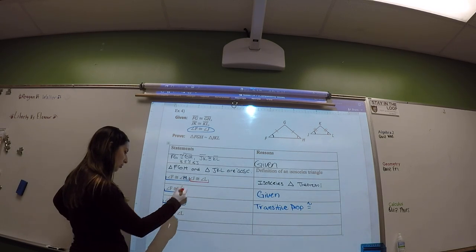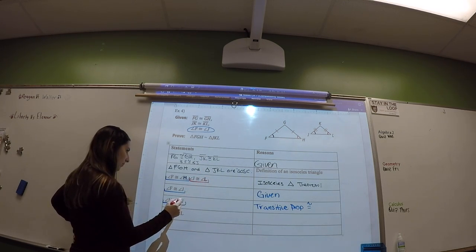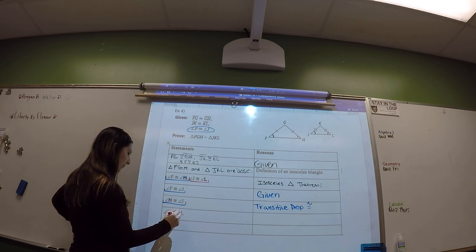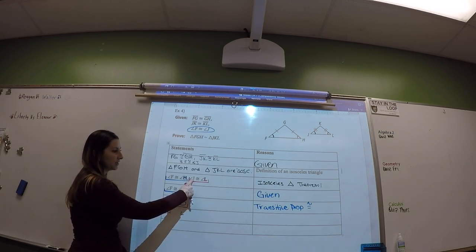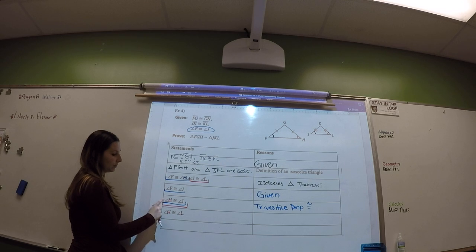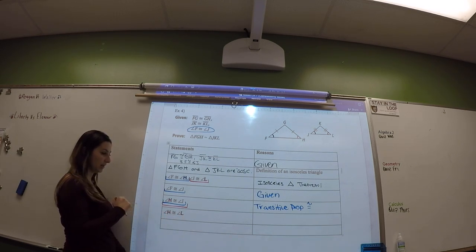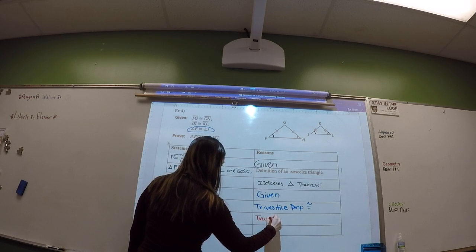I want H, L. Okay, so if J is congruent to L and J is congruent to H, then we know that H is congruent to L by the same transitive property, just in a different order.